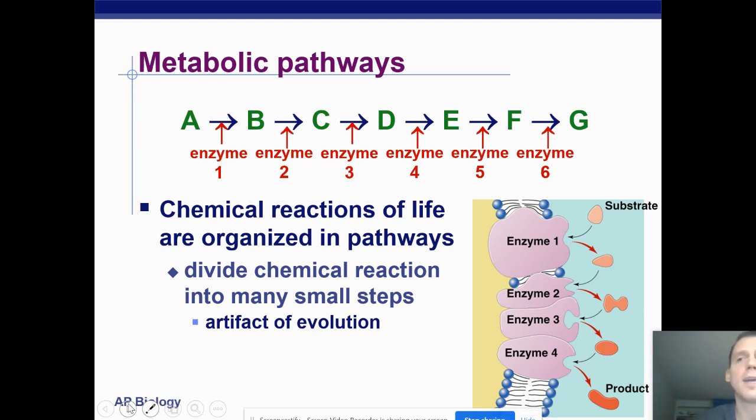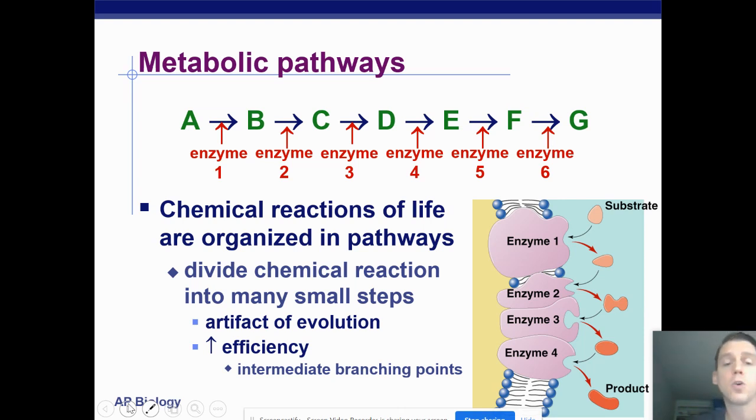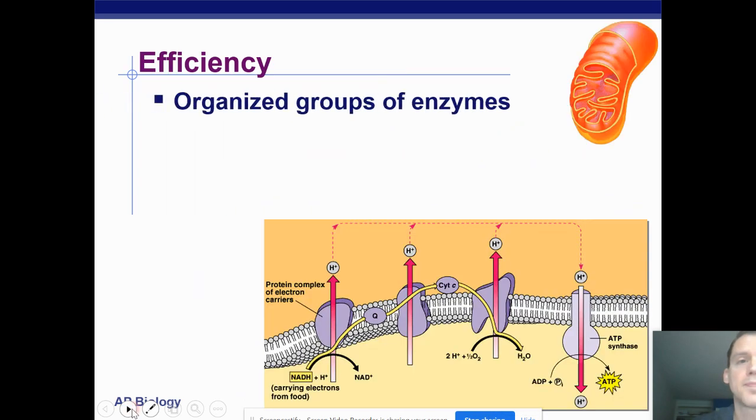So it may seem like it's not a great idea, but in fact, it does help things along in some ways. It's an artifact of evolution, and it increases efficiency because it allows us to control the process in any of these steps. So we see the substrate binding to enzyme 1, becoming something new, binding to enzyme 2, a third, binding to enzyme 3, and so on until we get our finished product. So this increases our control and allows us to regulate the production of the product.